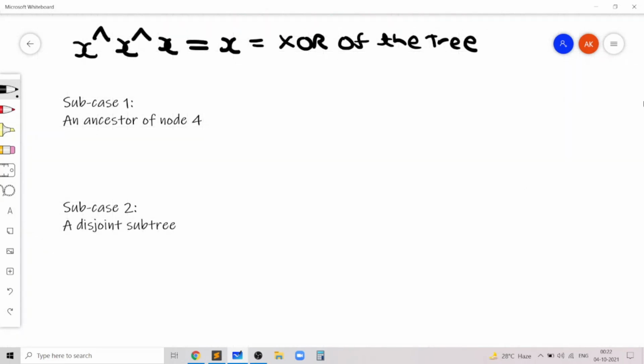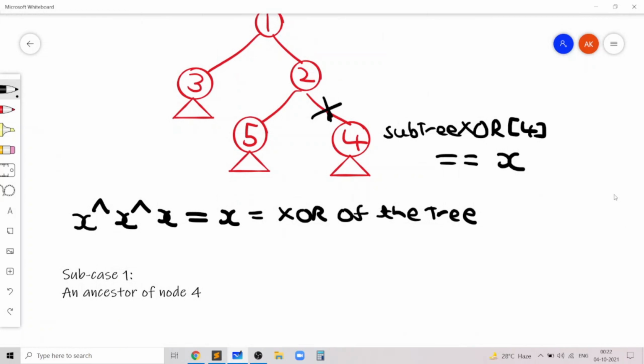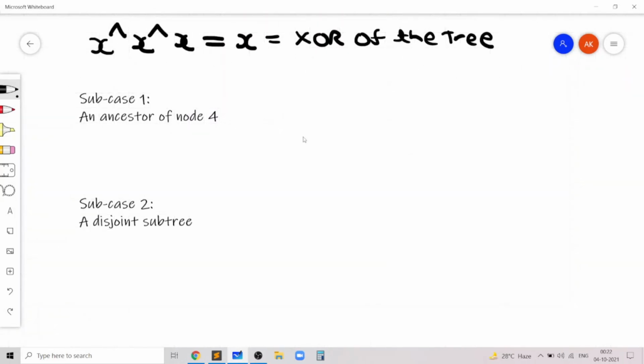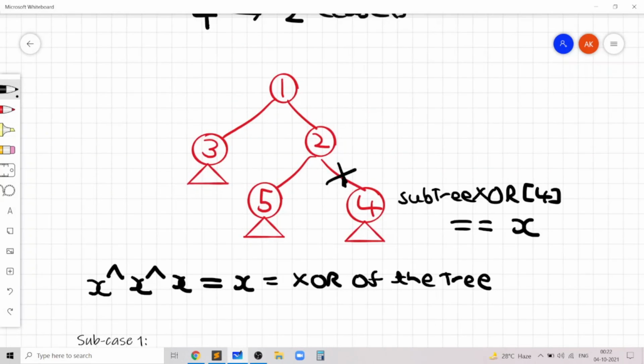So in the first subcase, when we delete some edge which is connecting an ancestor of node 4 to one of its children, for example, if we are deleting the edge from 2 to 1, then the XOR of that subtree will be subtree XOR of that ancestor, and we basically need to remove the subtree XOR of 4.